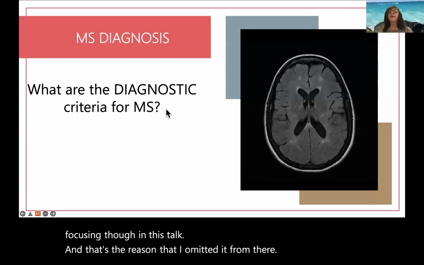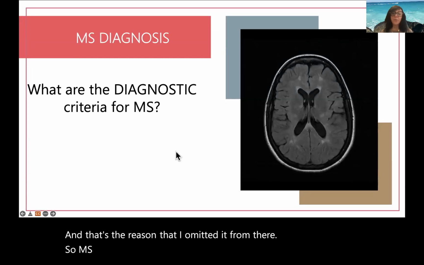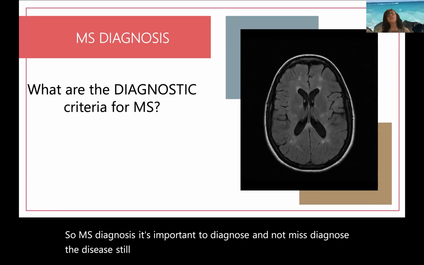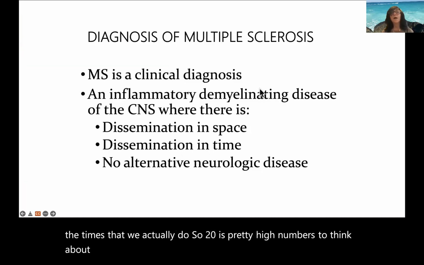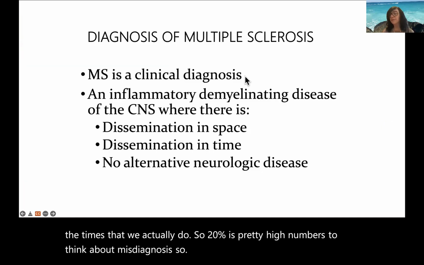So, MS diagnosis. It's important to diagnose and not misdiagnose the disease. Still today, misdiagnosis of MS occurs about 20% of the time. So 20% is a pretty high number to think about for misdiagnosis. So importantly, MS is a clinical diagnosis.